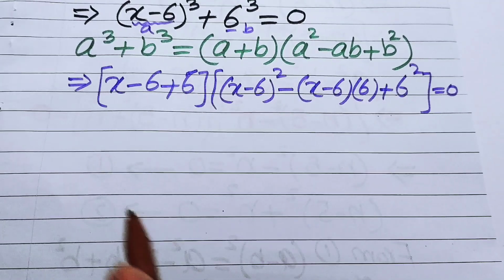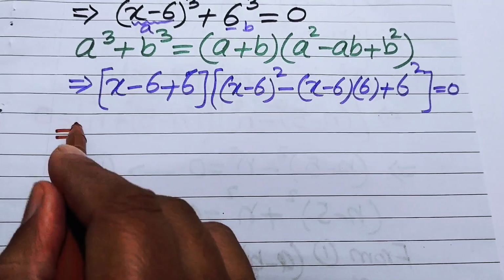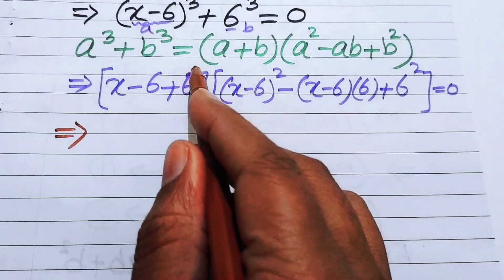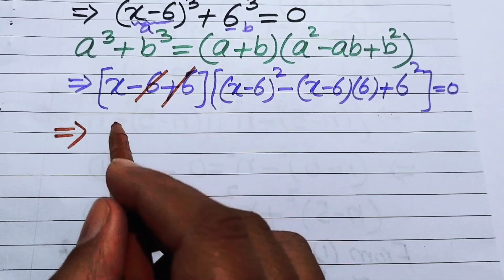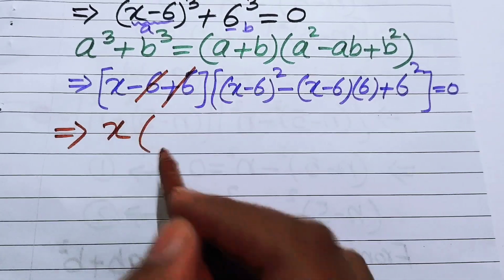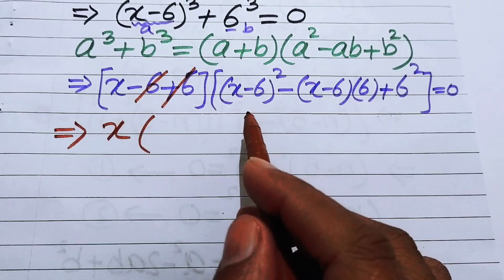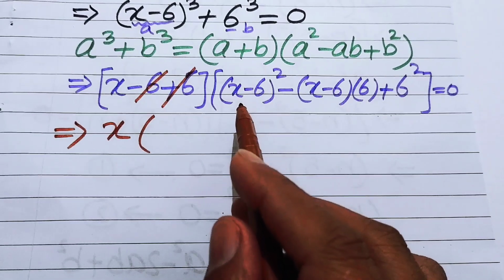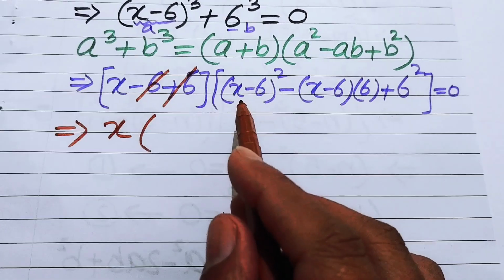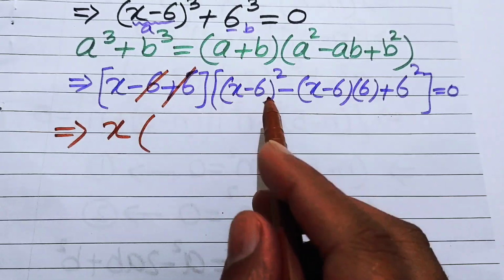Here we need to simplify the terms, and you see that the positive 6 and negative 6 cancel each other, and here we get x only, and here you open this nice square identity, and you know that (a minus b) whole squared.